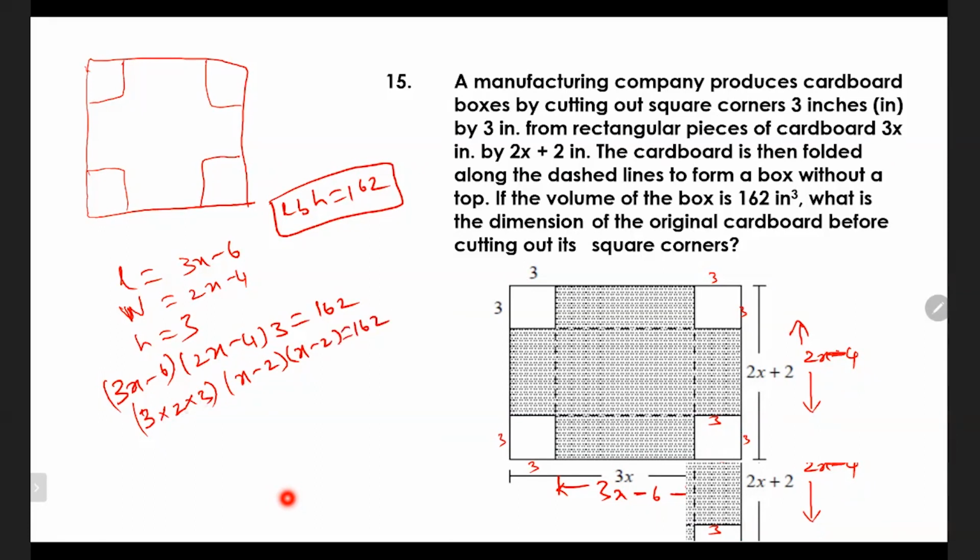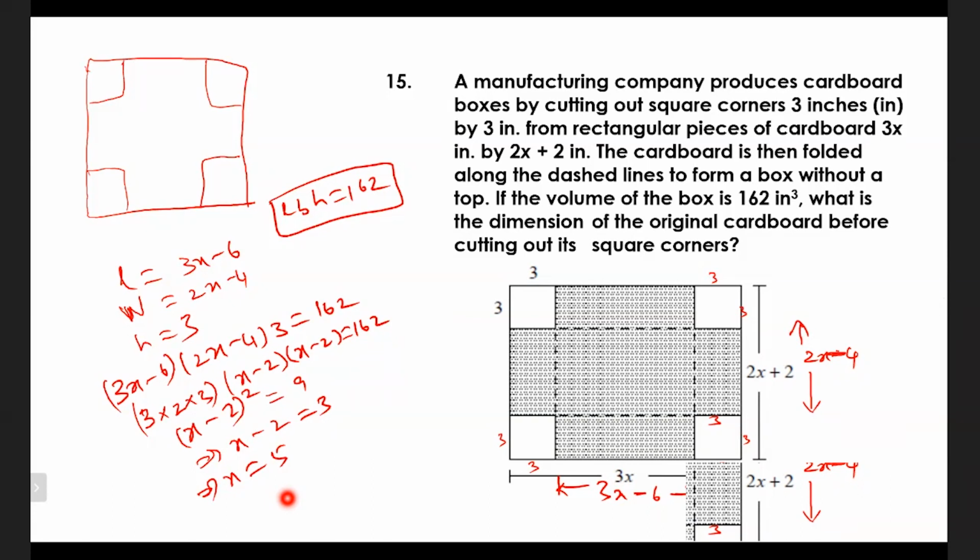So 3 3's are 9, 9 2's are 18. If you cut with 9, 9 ones are 9, 9 8's are 72, 18. 18 by 2 is 9. So x minus 2 whole square is 9, which implies x minus 2 is 3. I cannot take minus 3 because we get x as negative. So x equals 5. Now what is the dimension of the original cardboard?